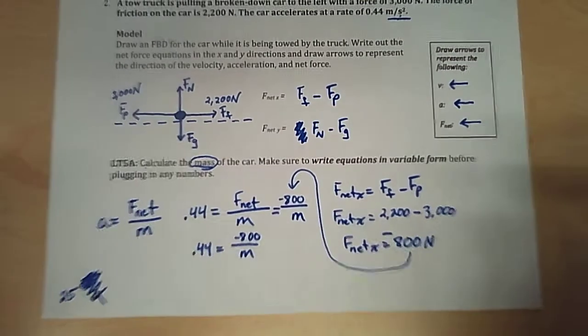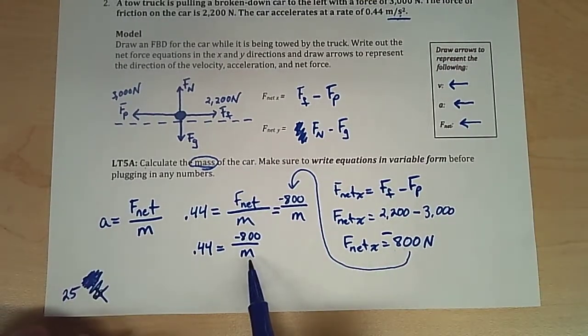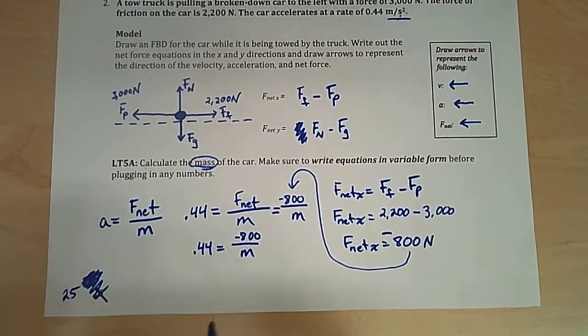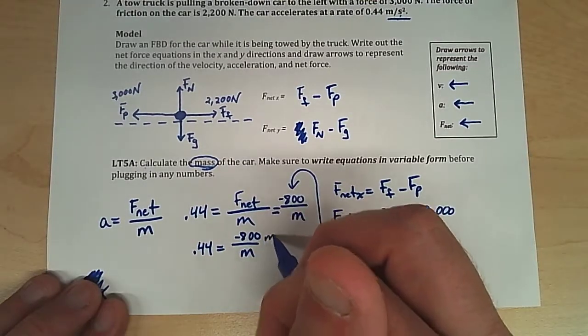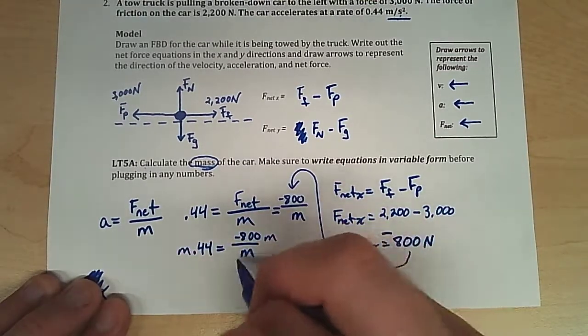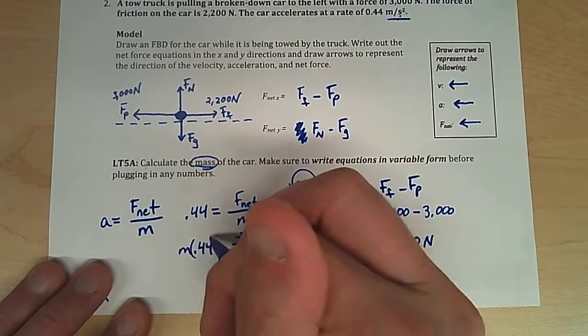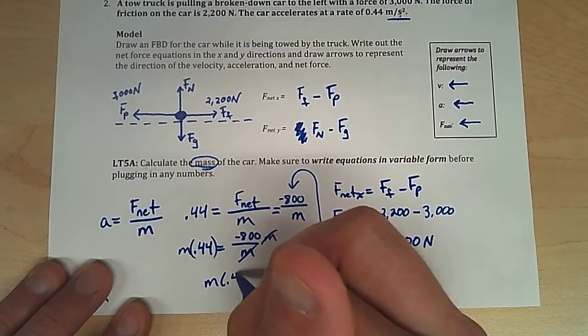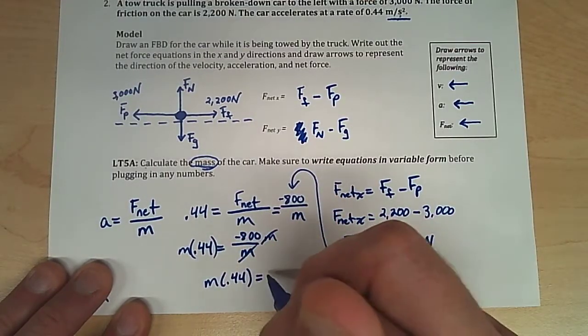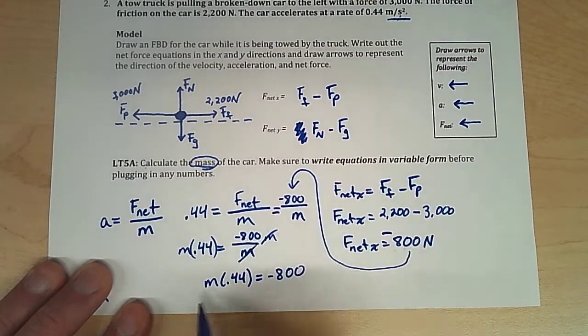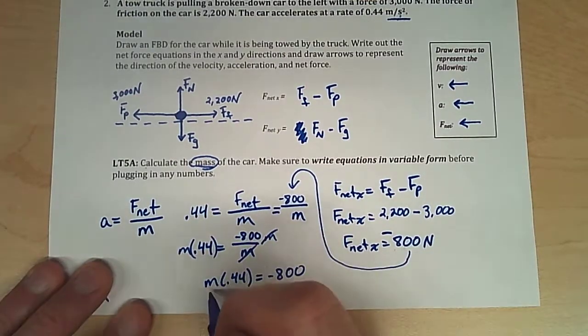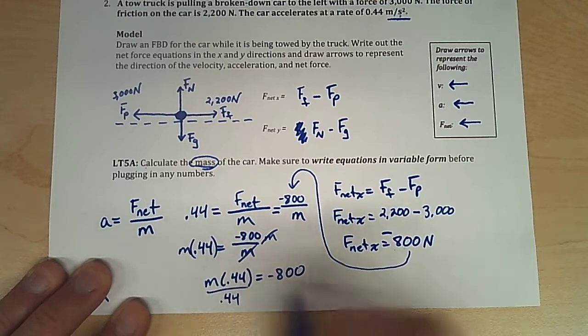All right, so how do you solve this mathematically? You want to get mass by itself, but you also don't want mass in the denominator. So I'm going to multiply both sides by mass. These cross out. So then it ends up being mass times 0.44 is equal to negative 800. Now I want to get mass by itself, so I'm going to divide both sides by 0.44. They cancel out right here.